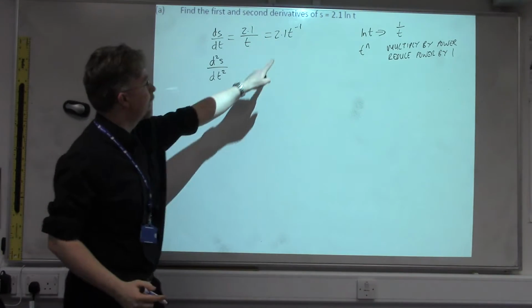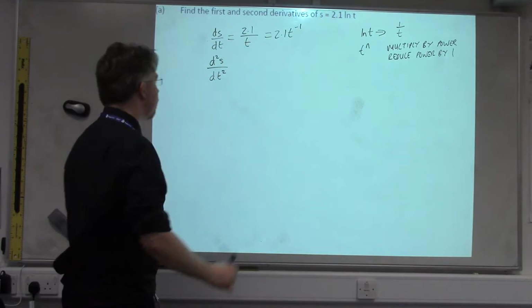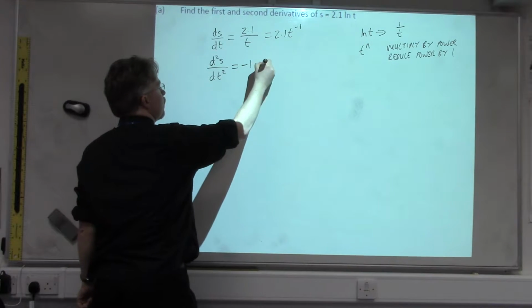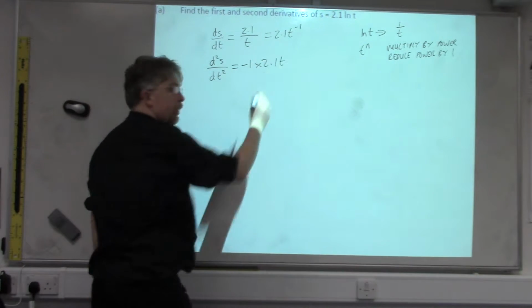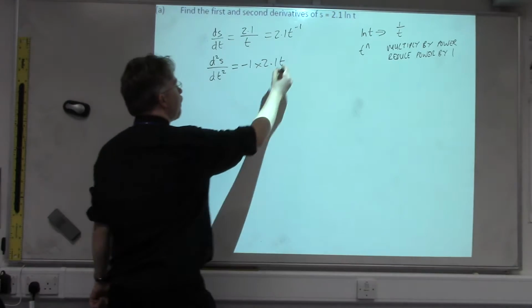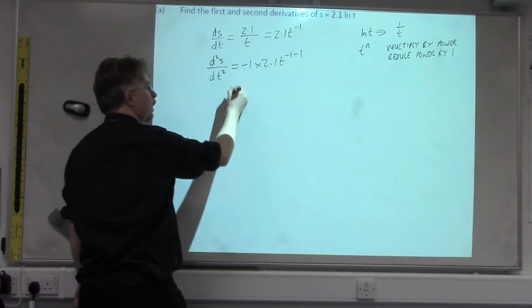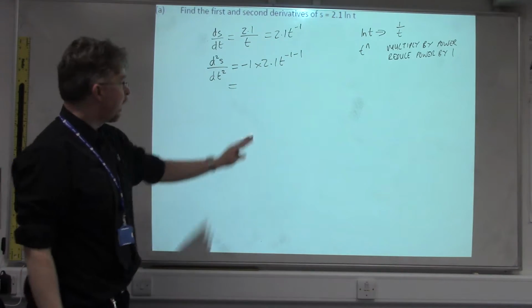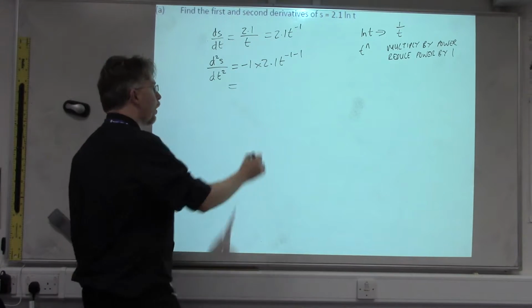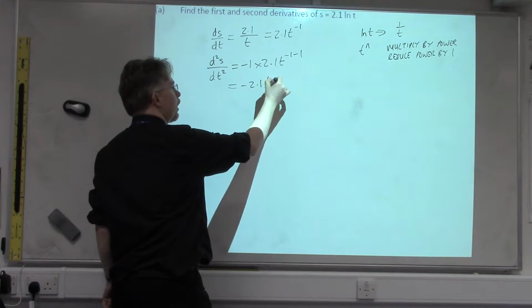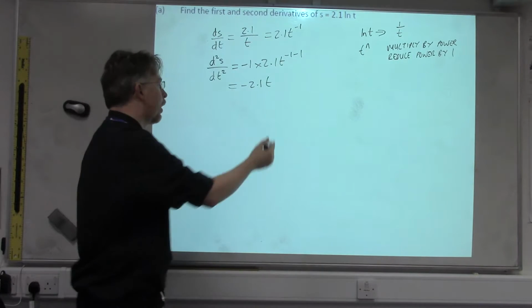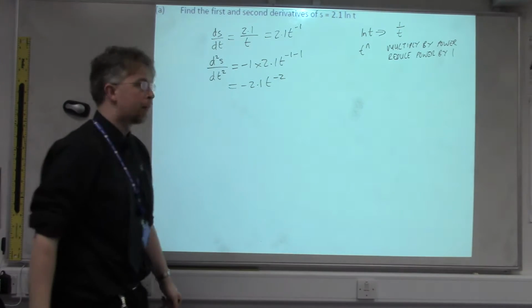So in this case, multiply by the power, we times by minus 1. We take 1 off the power, minus 1 minus 1. Simplifying, minus 1 times 2.1 is minus 2.1. Minus 1 take away 1 is equal to minus 2.